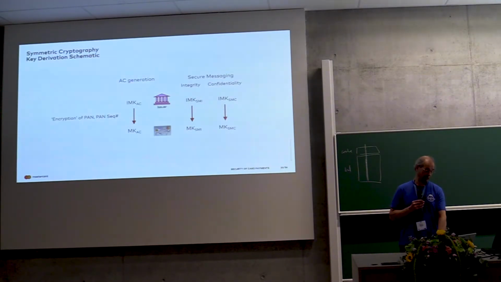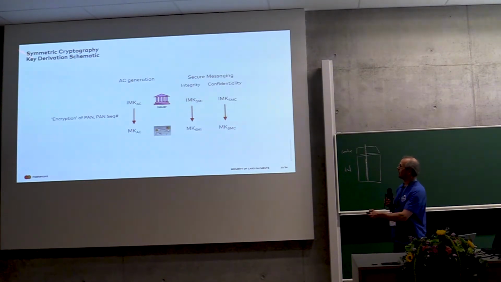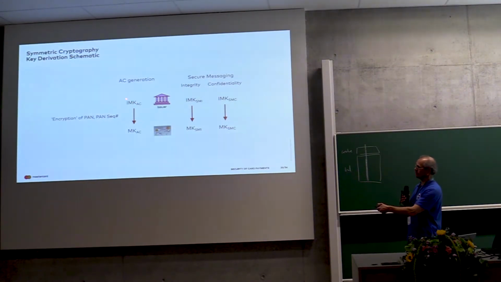On the symmetric crypto side, the issuers have top-level keys. This is the main key. That's used for verifying card MACs, message authentication codes generated by the card during the transaction.